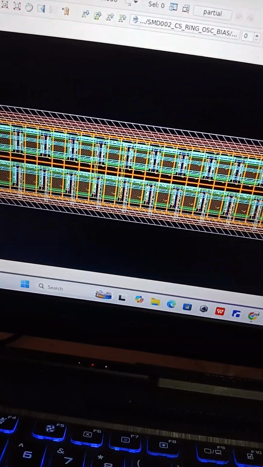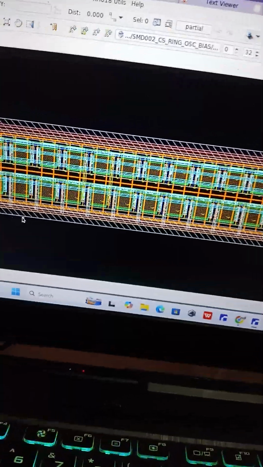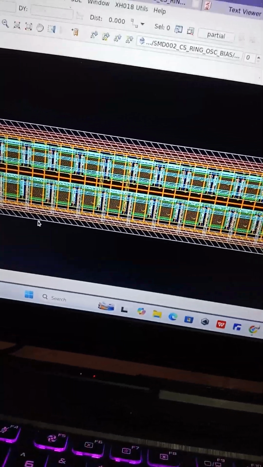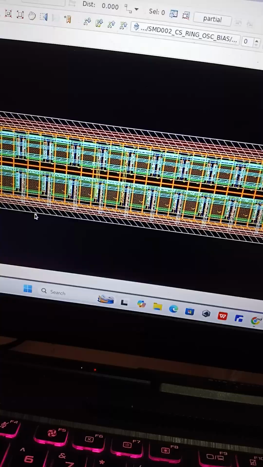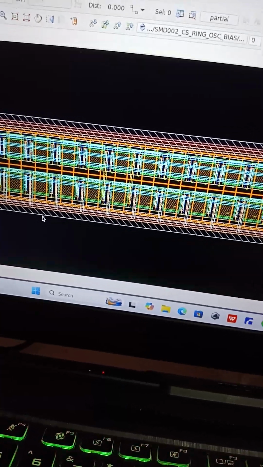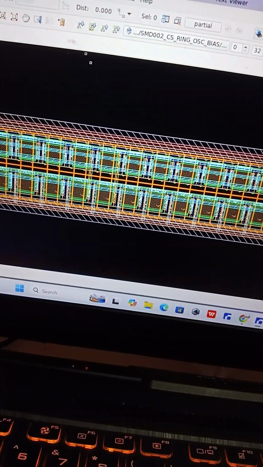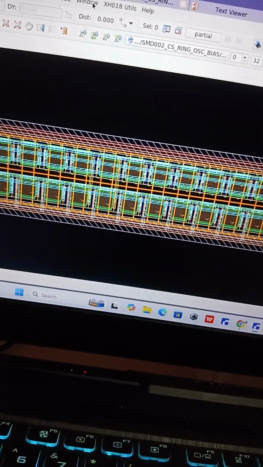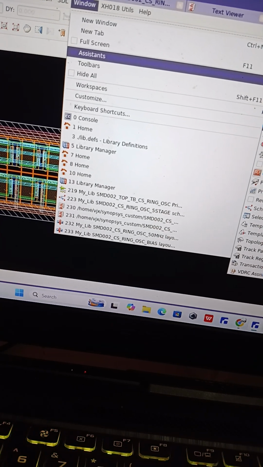So this one is actually common centroid. There are other techniques called interdigitated, and also cross quadding. And I'm using the common centroid one. If you see the arrangement, it looks like this.